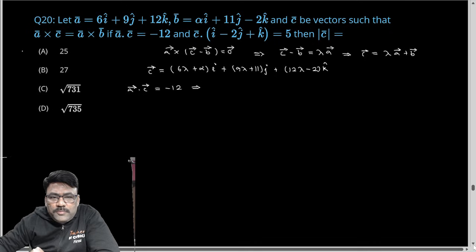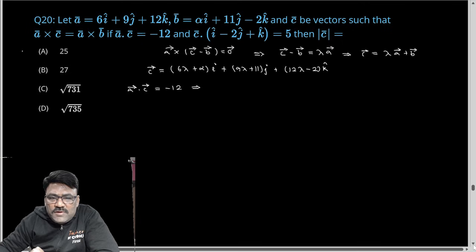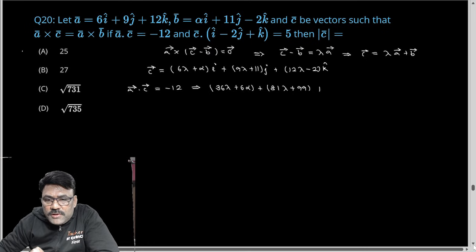So take the dot product of A with C. So you will get 6 into (6 lambda plus alpha), so it is 36 lambda plus 6 alpha. Then 9 into (9 lambda plus 11), so 81 lambda plus 99. 12 into (12 lambda minus 2), so 144 lambda minus 24, and it is minus 12.